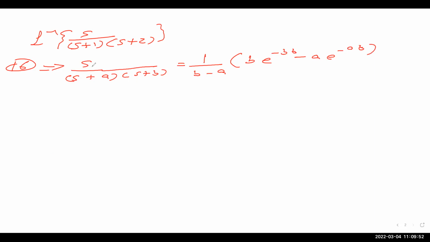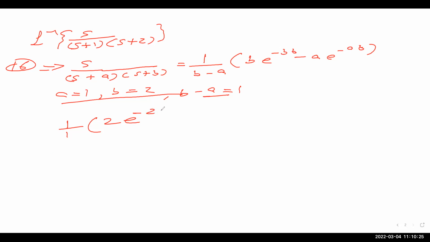In this equation we have our s, our a, and our b. Our a is 1 and our b is 2. If I substitute these values into our equation, we get 1 over 1 times (2e to the minus 2t minus e to the minus t).